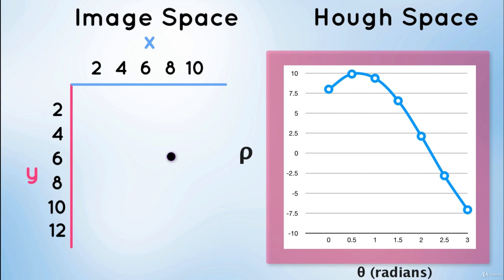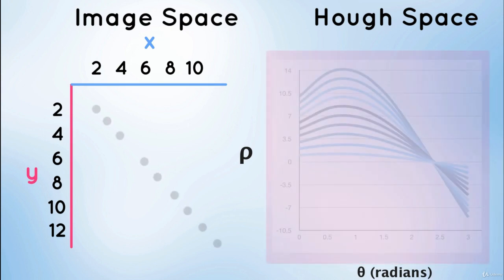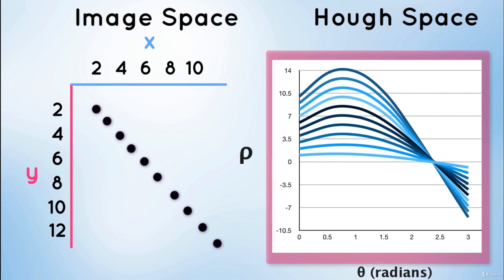Because imagine instead of 1 point, we had 10 points, which in turn results in 10 sinusoidal curves. As previously noted, if the curves of different points intersect in Hough space, then these points belong to the same line, characterized by some rho and theta value. So just like before, a line can be detected by finding the number of intersections between curves.